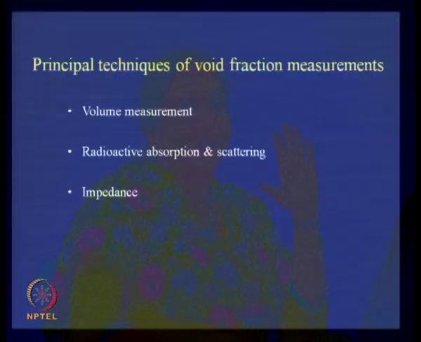Okay. Now, remember one thing, whenever we are trying to measure void fraction, we have to keep in mind certain things. We have to exploit some particular physical property which is different for the two phases. Do you agree with me? Only that particular physical property will have a particular value in, say, the gas phase, a different value in the liquid phase, and something intermediate when it is a two phase mixture.